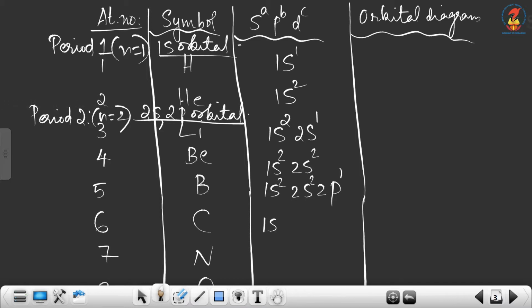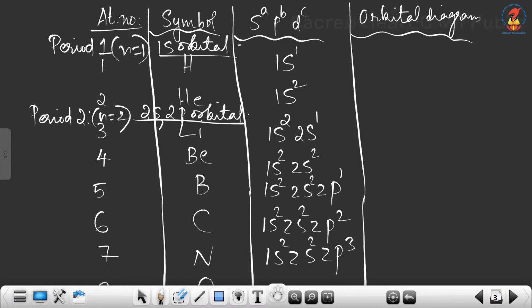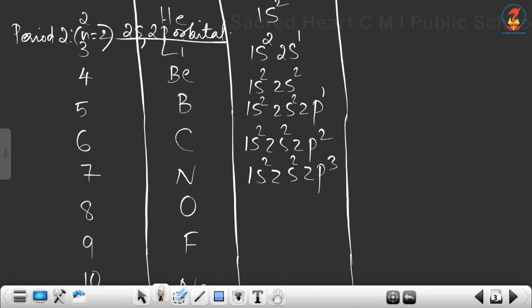Now carbon will be 1s2, 2s2, 2p2. Nitrogen is 1s2, 2s2, 2p3. Now oxygen will be 1s2, 2s2, 2p4. Fluorine will be 1s2, 2s2, 2p5.